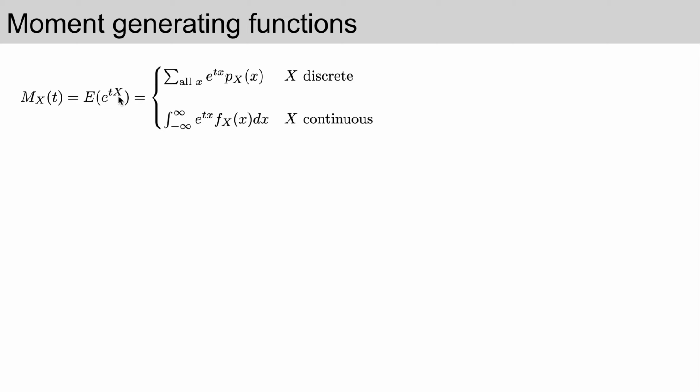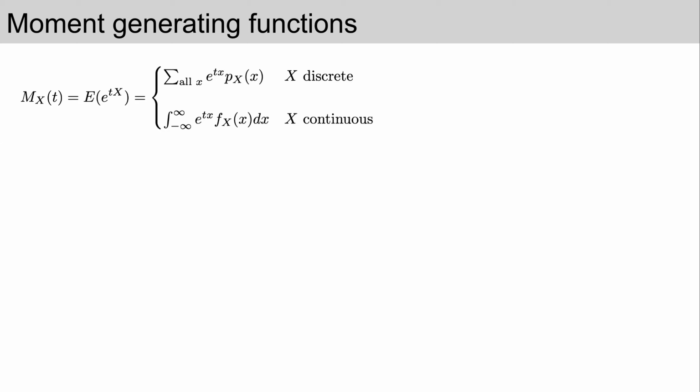We can obtain this expected value of this function of x by calculating its weighted average. When x is discrete, we sum up the possible outcomes of this function e to the tx, weighted by their corresponding PMFs. When x is continuous, we integrate the possible outcomes of this function, weighted by their corresponding PDFs.